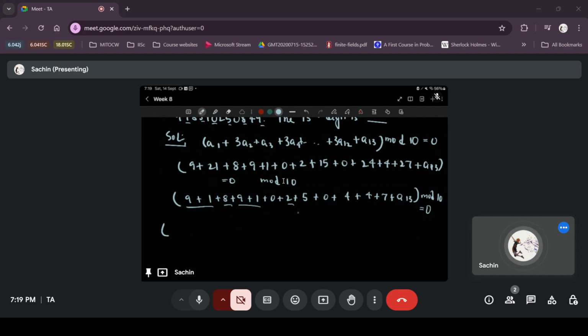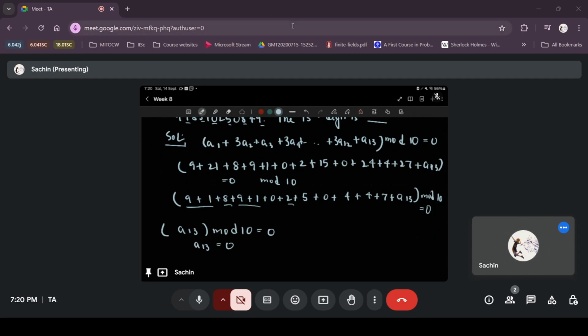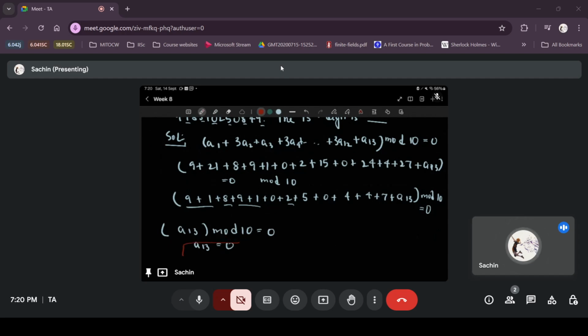And you're left with 5 plus 4, 9 plus 4, 13, which is 3, plus 7, 10. So A13 mod 10 is 0. So A13 is 0. The parity bit is 0.